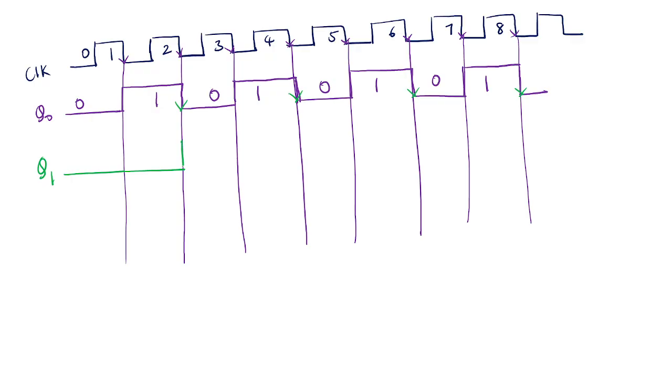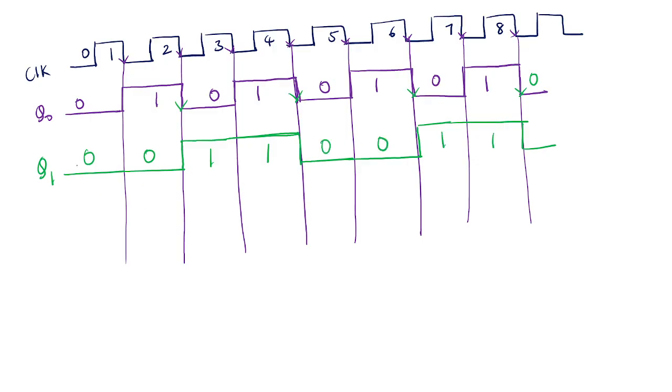During this negative edge, Q1 becomes 1 and stays 1 till the next edge. Again it becomes 0, then during this negative edge it becomes 1. Like this it goes. So this is 0, 0, 1, 1, 0, 0, 1, 1.